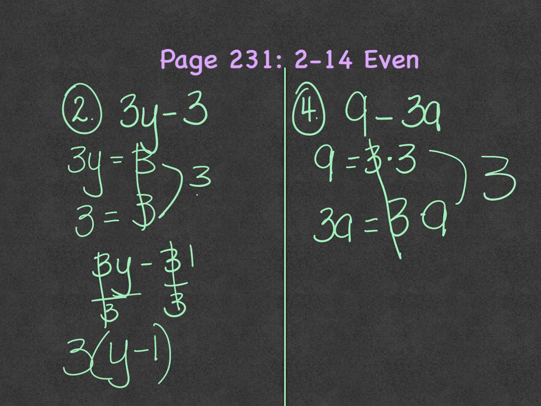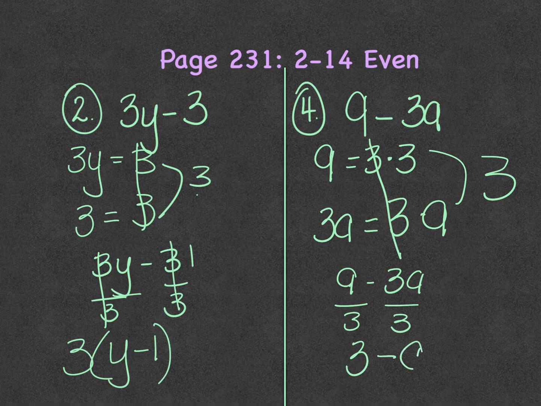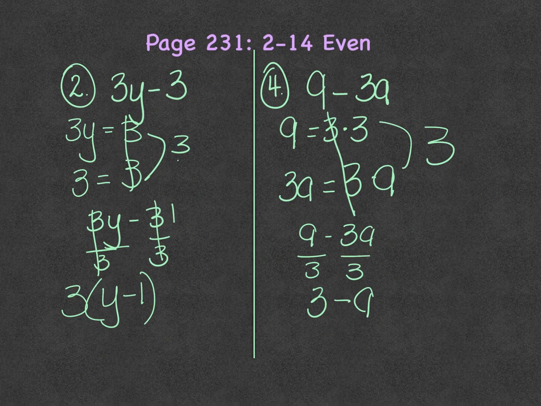And then you take your terms and divide every term by your greatest common factor, which is 3. So 9 divided by 3 is 3, minus a, or 1a. And then you take your greatest common factor that you divided and put it on the outside of your answer. So it is 3 times 3 minus a.